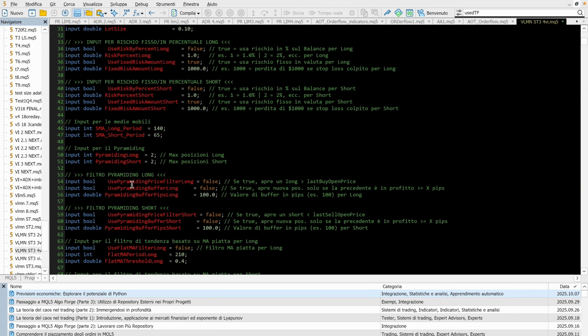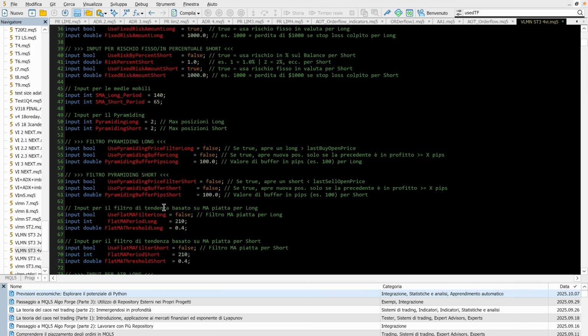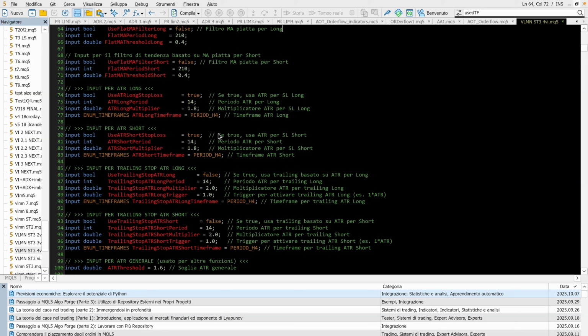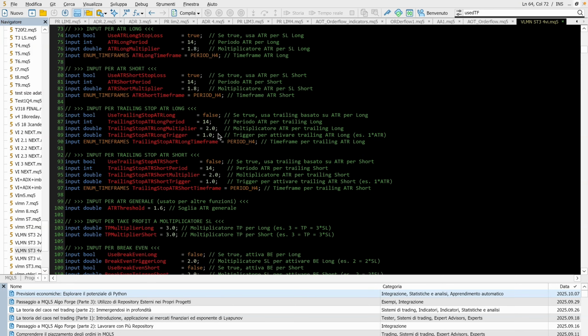Those are some other filters that now, after 8 months of using this algo in real data testing, I noticed that all of those parameters are not useful, because pyramiding is like adding position over and over if some other positions are open, and it's not something reliable, and it's not increasing the performance overall, it's decreasing the performance.